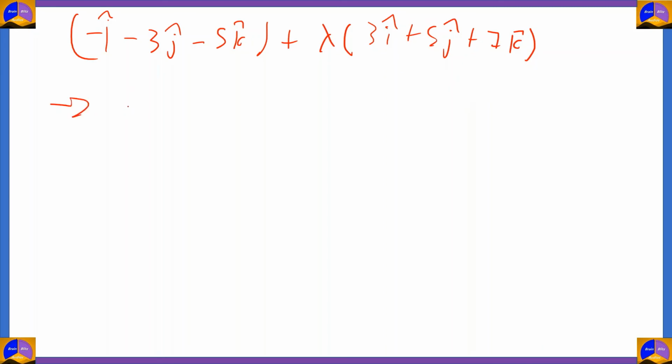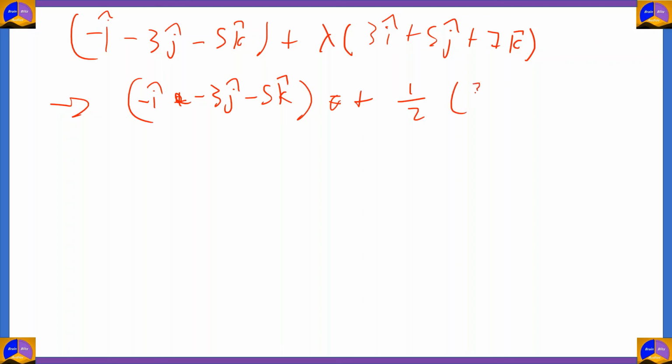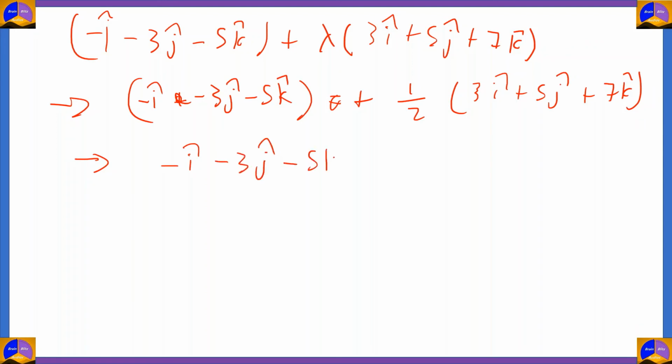And then we'll write the value of lambda. So it'll be minus i minus 3j minus 5k plus 1 by 2 times 3i plus 5j plus 7k. So therefore, we'll get minus i minus 3j minus 5k plus 3 by 2 i plus 5 by 2 j plus 7 by 2 k.